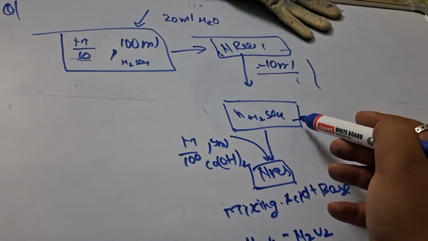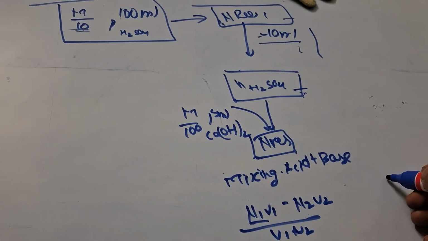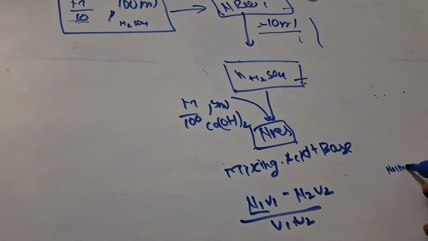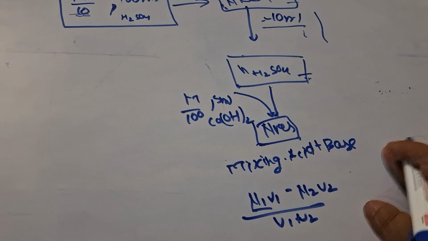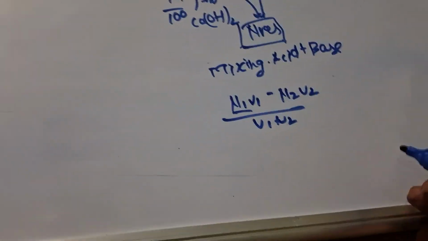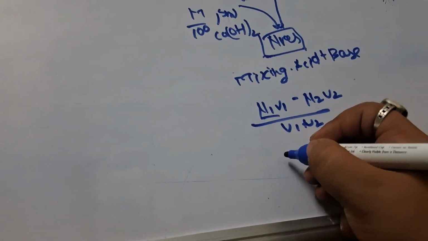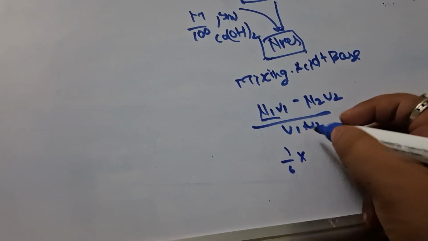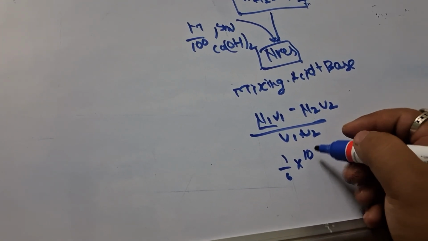The normality of this. Normality is molarity into n factor, which is just 1 by 6. Normality does not change on sampling. So 1 by 6 into volume 10, right?